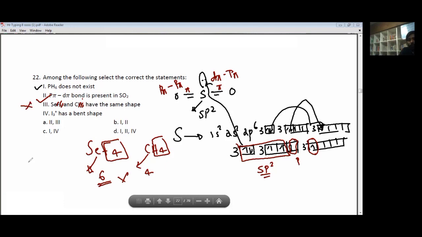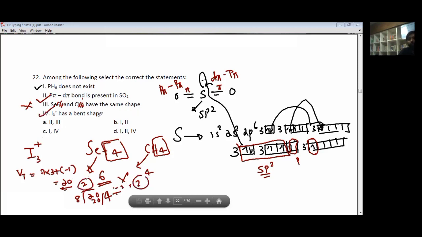So 3 is wrong. I3+ has a bent shape. What about the valence electrons of I3+? Iodine 7 into 3 plus 8 minus 1, so that's 20. 20 electrons divided by 8 gives 2, remainder 4 divided by 2 gives 2, so that will be sp3 category, just like water. So that will be a bent shape. So this statement is also right.